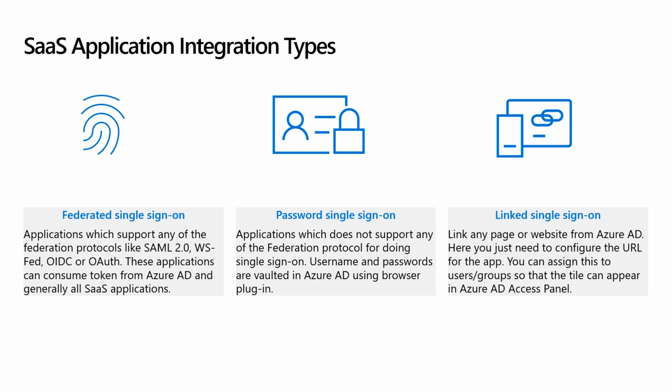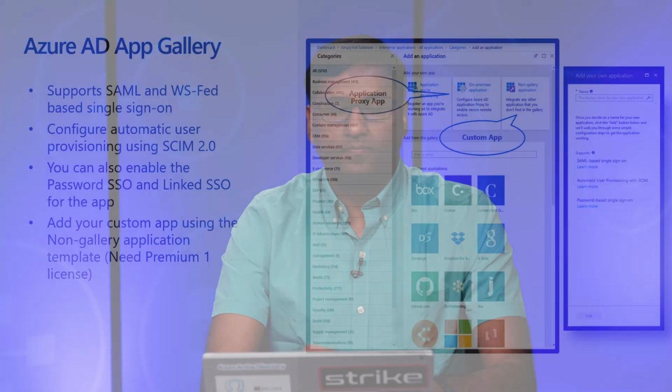This is a very common scenario which we have seen for SharePoint business sites or your intranet sites and all that. So in that case, you can use link single sign-on. This is very similar to your favorites in any browser. That means you can just store a link of a particular page and make that a tile in Azure Active Directory, and that's called link single sign-on.